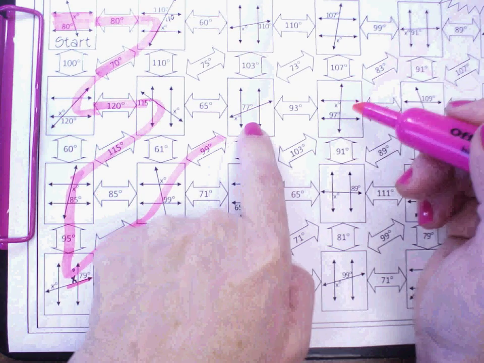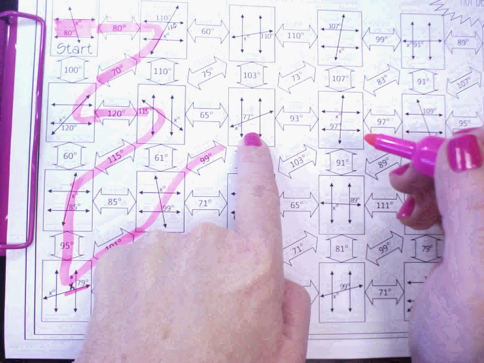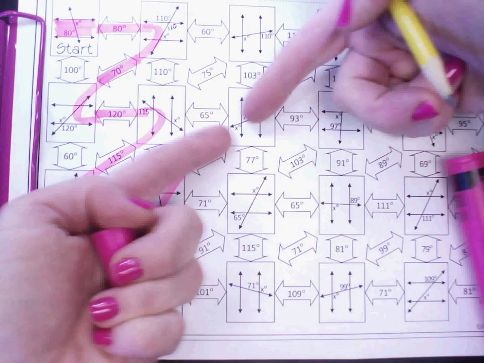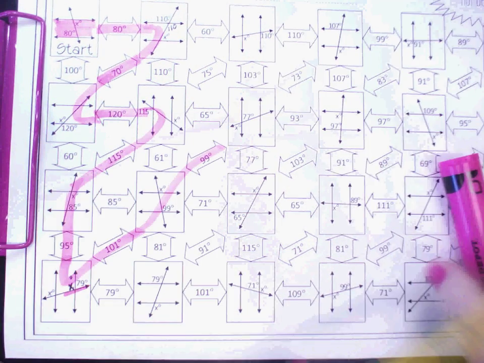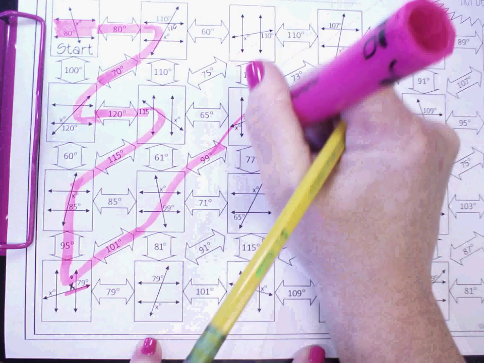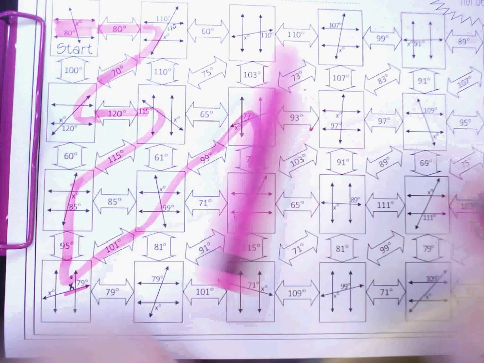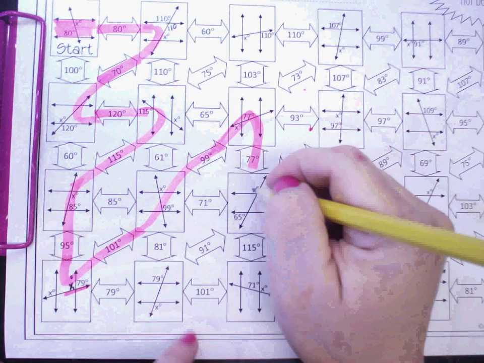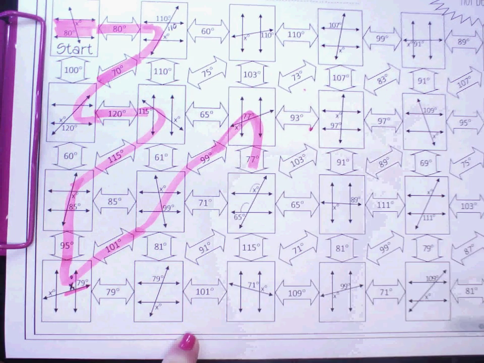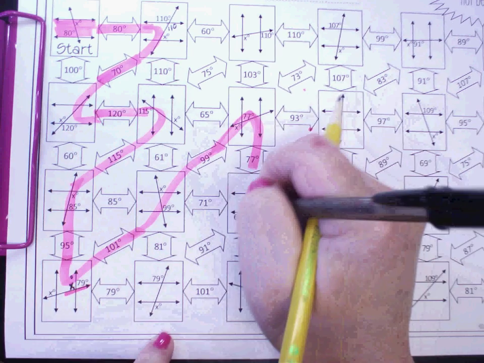Those two are supplementary. This one and this one are corresponding. So that's x. There's your straight line, so that's 180 for both of them. So it would be 115.